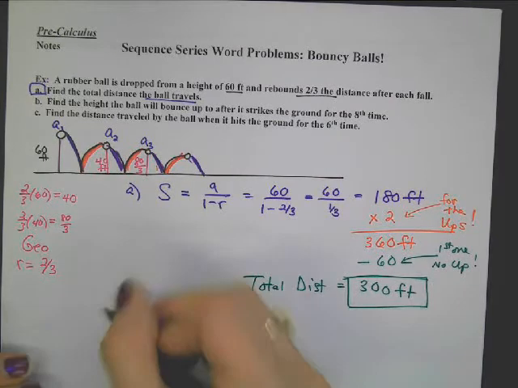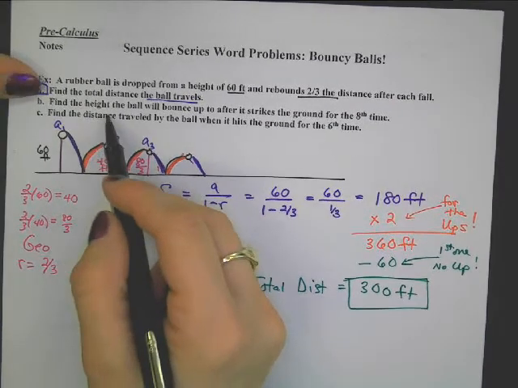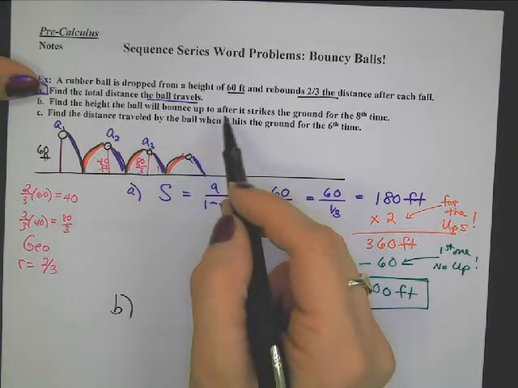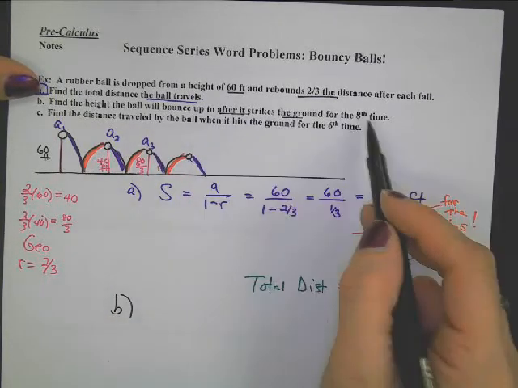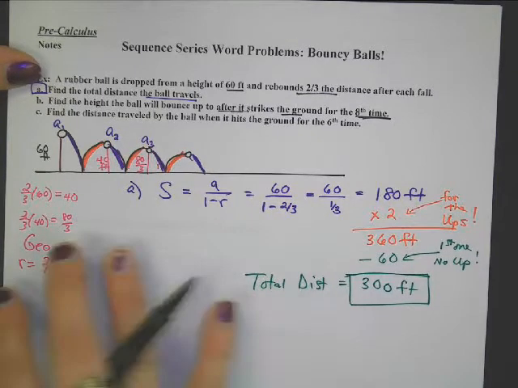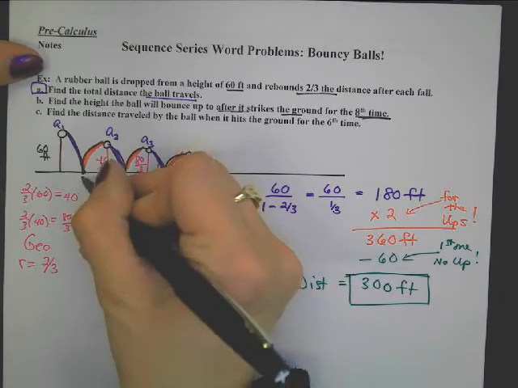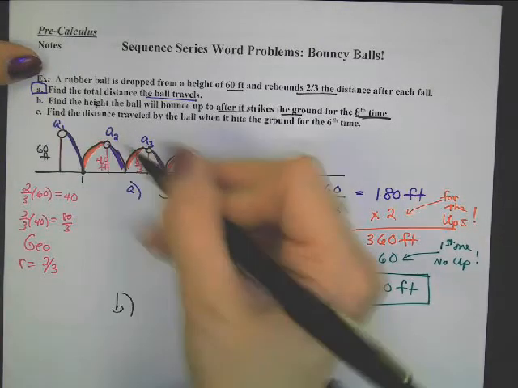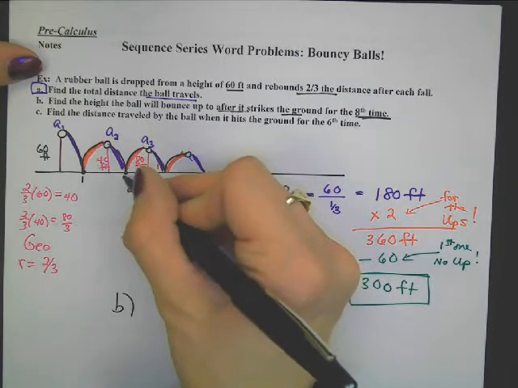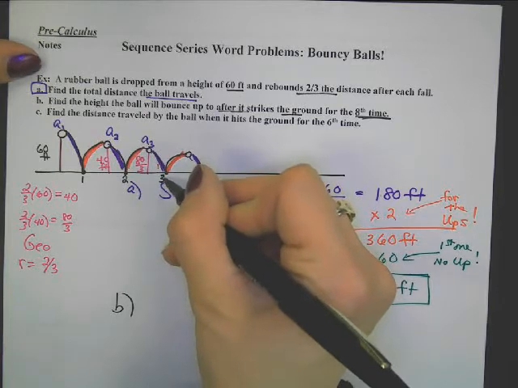Okay, let's take a look at part B. Find the height the ball will bounce up to after it strikes the ground for the 8th time. The best way to do this is to examine your picture. Here's the ball striking the ground for the first time. Boom, bounces back up. Here's the ball hitting the ground the second time, bounces back up. Here it's hitting for the third time.